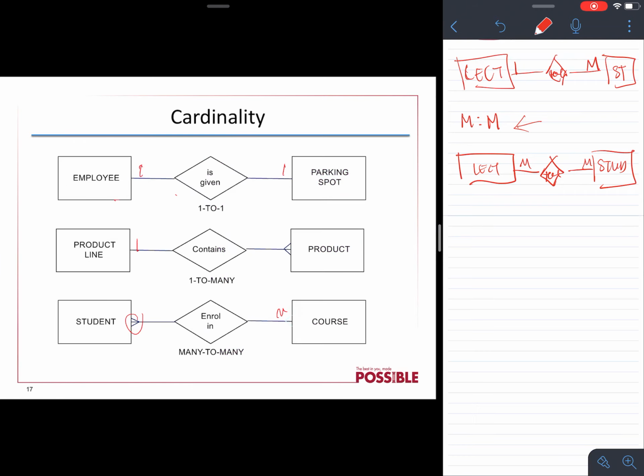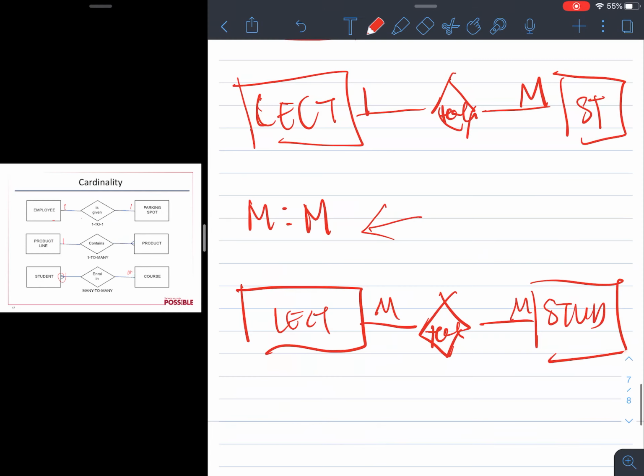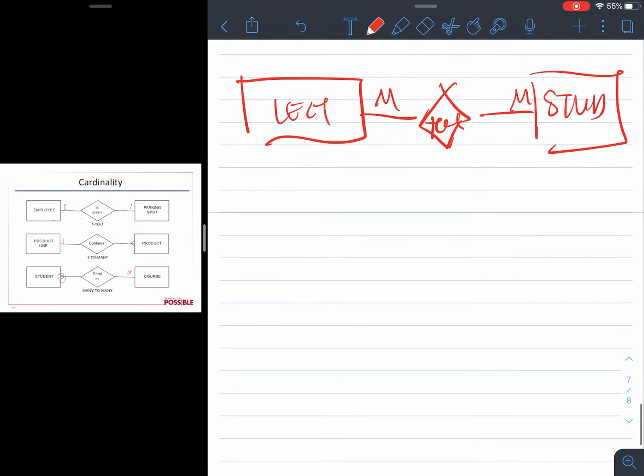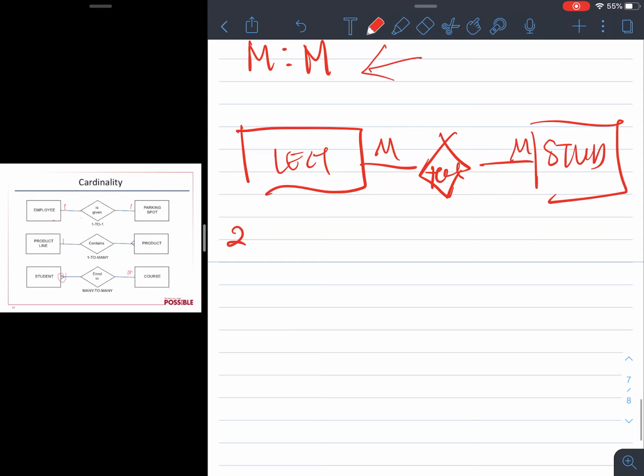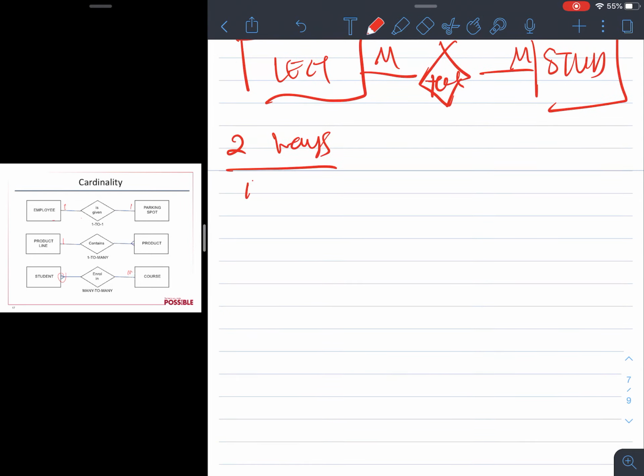In drawing ERD, there are two ways, two methods. The first one is chain notation. The second one is crossfoot notation.